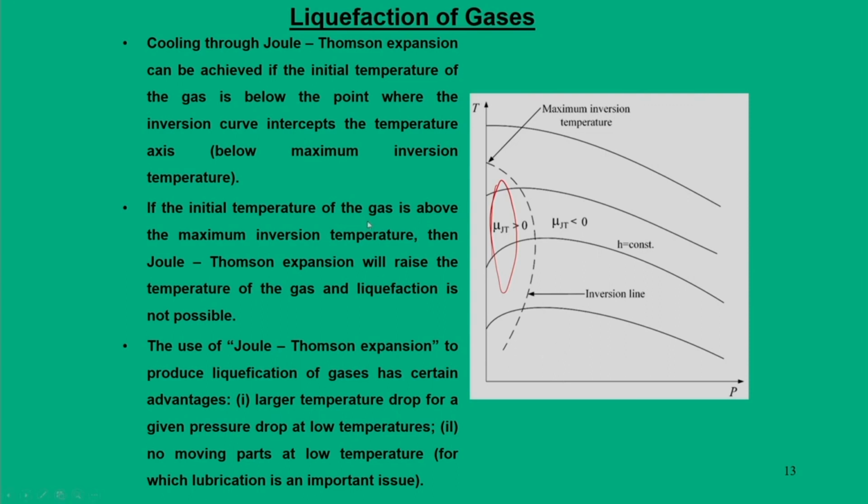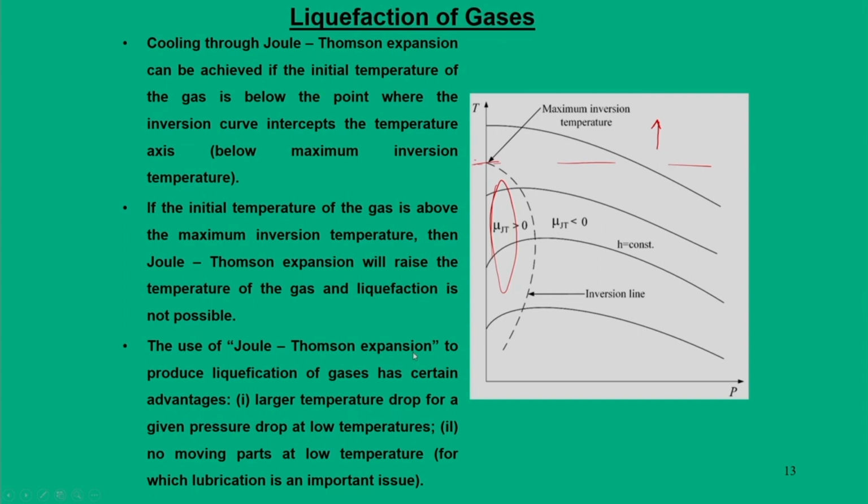But if the initial temperature is above the maximum inversion temperature, for example if the maximum inversion temperature is this for a given gas, then your initial state is much above, and we cannot lower the temperature. If the initial temperature of the gas is above the maximum inversion temperature, then the Joule-Thomson effect will raise the temperature of the gas and liquefaction is not possible.